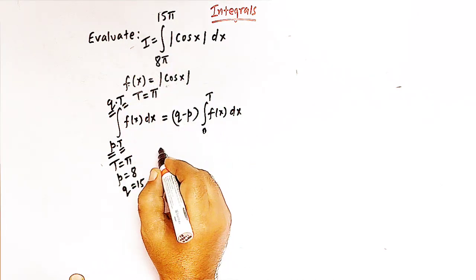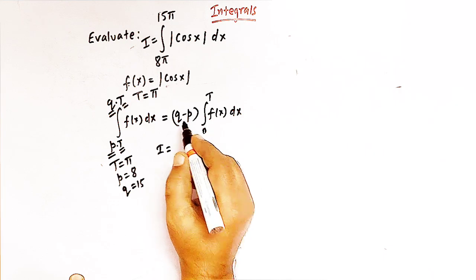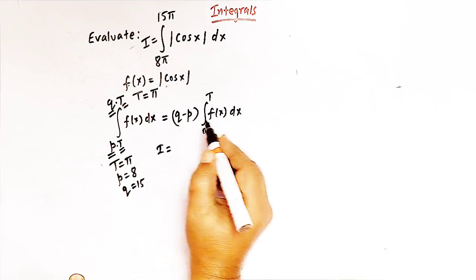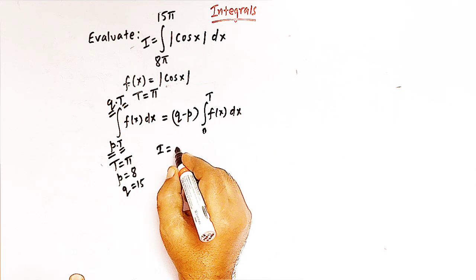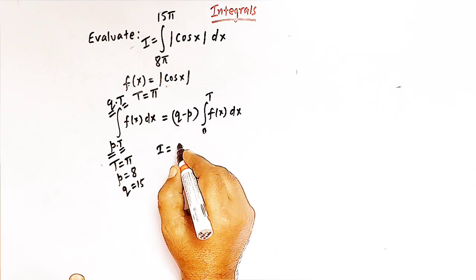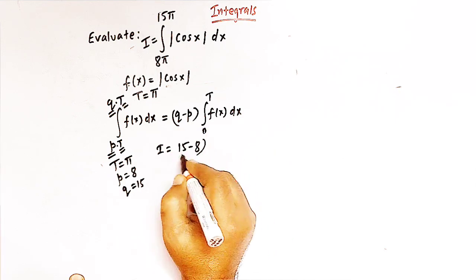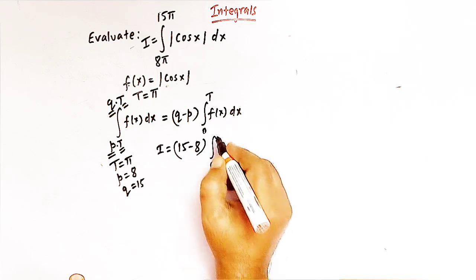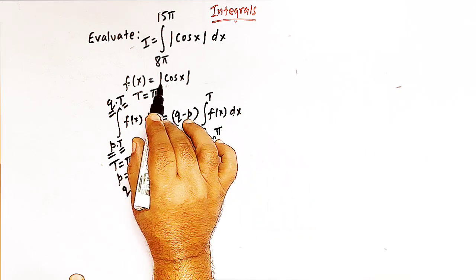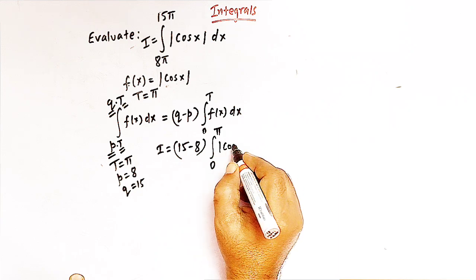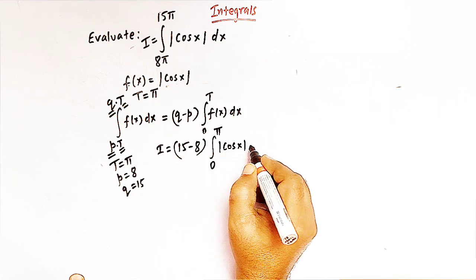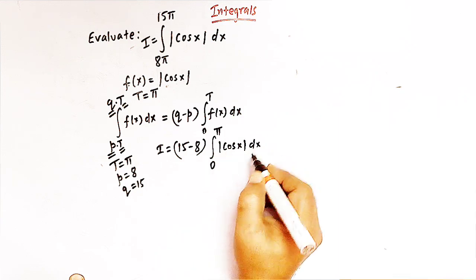So this integral I now takes the form q minus p times the integral from 0 to t of f of x dx. So we have q minus p, that is 15 minus 8, and here we have 0 to pi, because the period of mod cos x is pi and f of x is mod of cos x, and here we have dx.